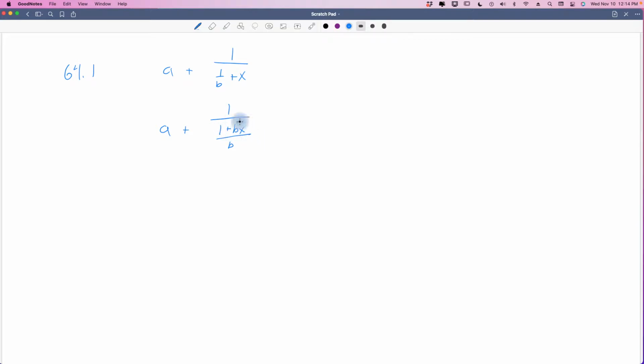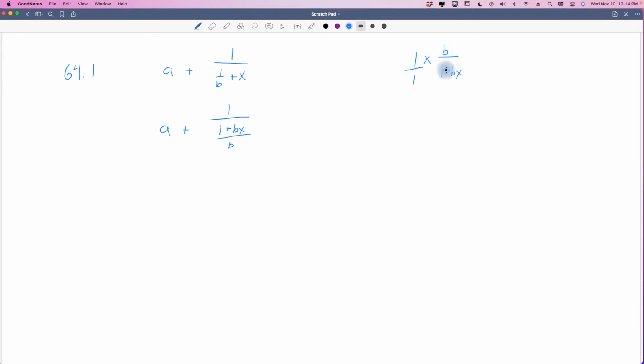And we're going to keep it, change it, flip it, and multiply that. We're going to do that over here to the side just so we can keep track of it. So 1 over 1 times b over 1 plus bx, right? So 1 times this and 1 times this equals this.